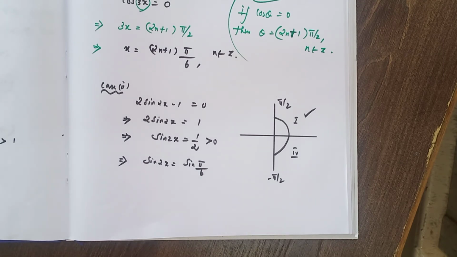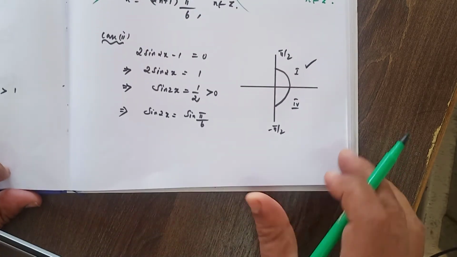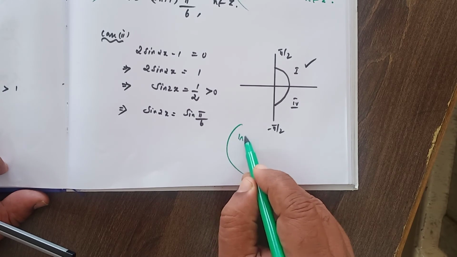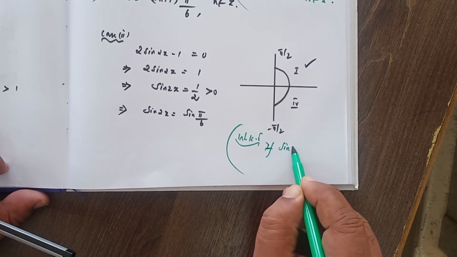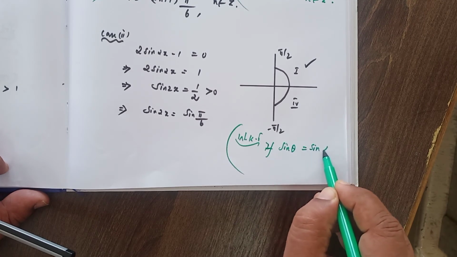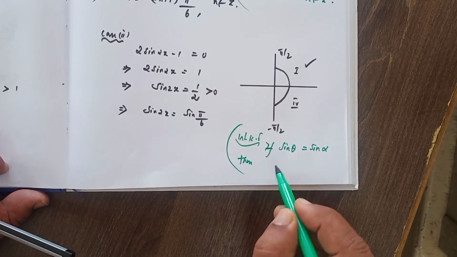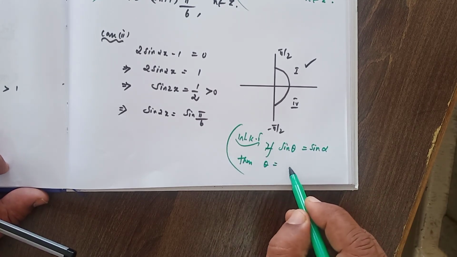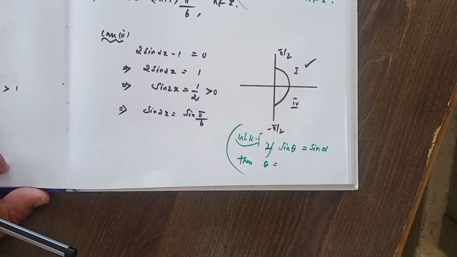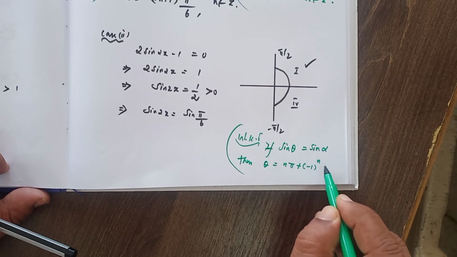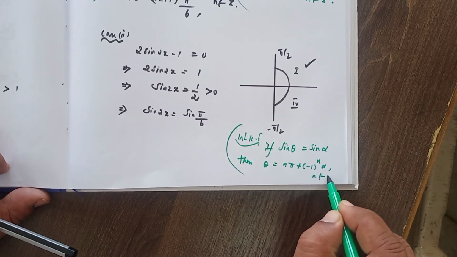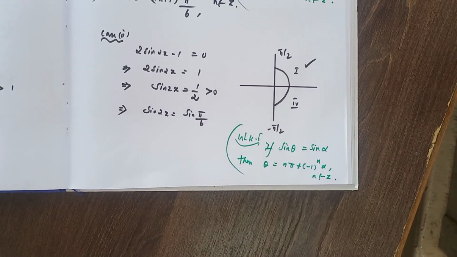We know that if sin theta equals sin alpha, then theta is equal to n pi plus (minus 1) power n into alpha, where n belongs to the set of all integers.